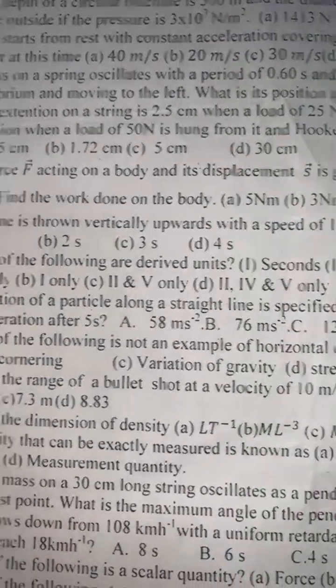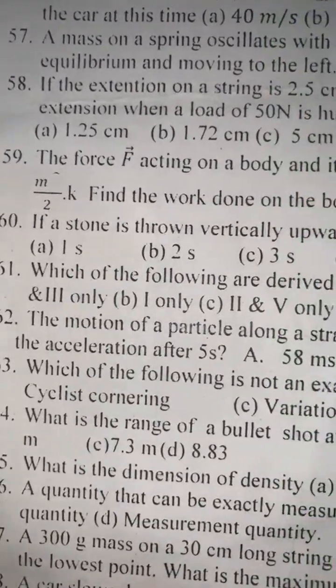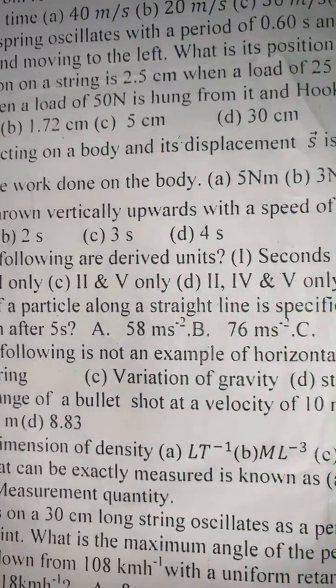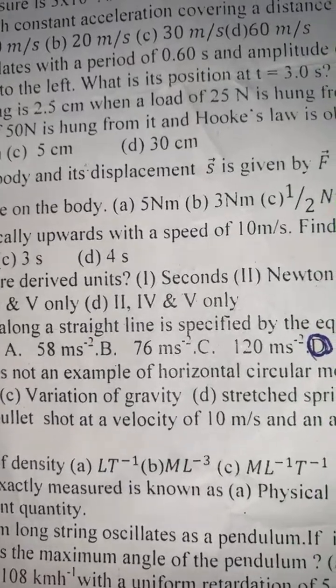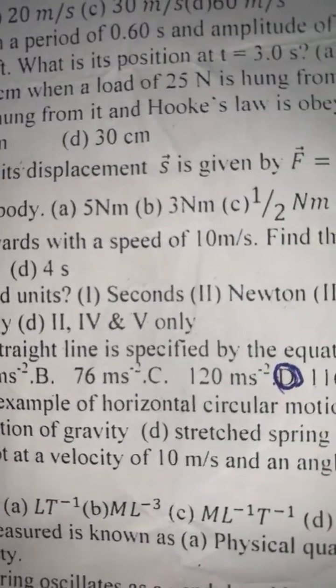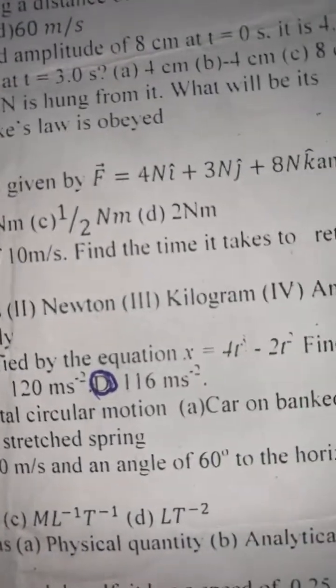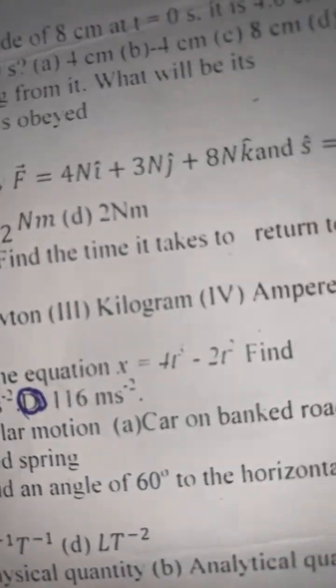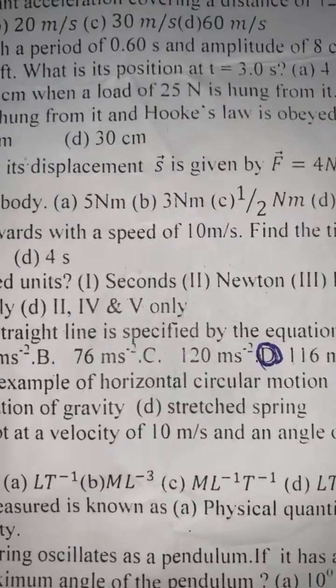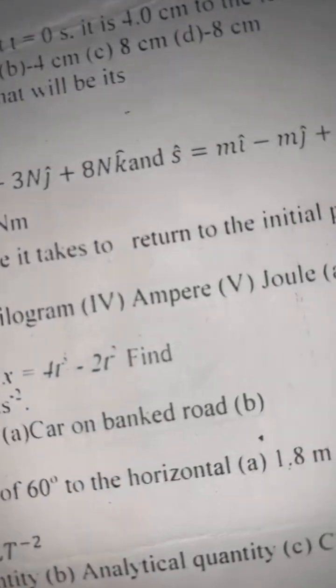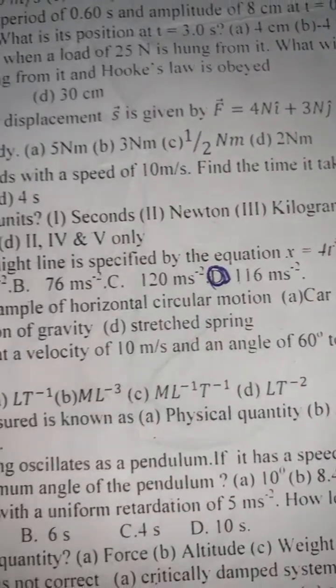Trust me. Then 61 says, which of the following are derived quantities? Okay. I, of course, is not a derived quantity. II, Newton, is a derived quantity. Kilogram is not a derived quantity. IV, ampere, is not a derived quantity. Joules is a derived quantity. So that means we have II and V. So what is the option?